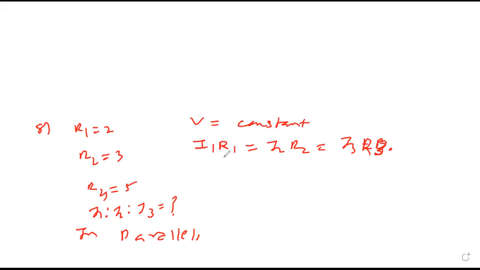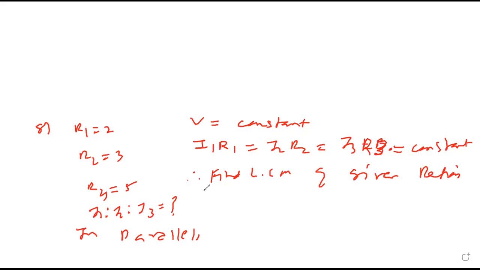So whenever you see the product is the same, then find the LCM of the given ratio. The given ratio is R1, R2, R3 here. LCM of 2, 3, 5 will be 30, correct?